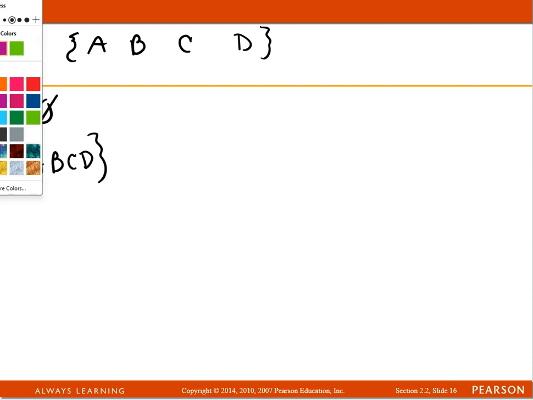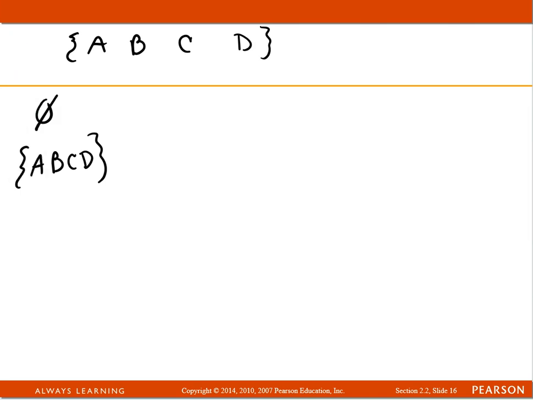And then I would go for the singles. It would be A by itself, B by itself, C by itself, and D by itself. Please ignore my scribbly braces.